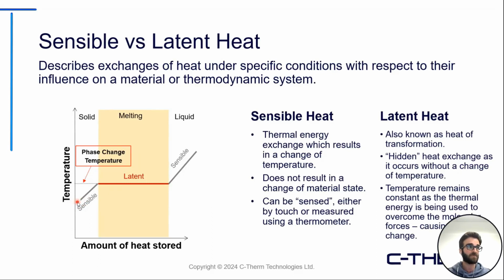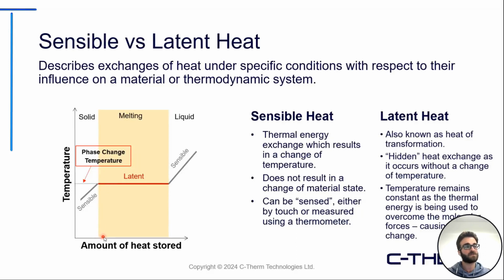So the idea here is that if we were increasing the temperature of the system and the sample is increasing, we see that it's in the solid state, it's still in the solid state, but you're increasing the amount of energy into the system. We see this is going up. Then once it hits that phase change temperature, it's going to begin to melt.